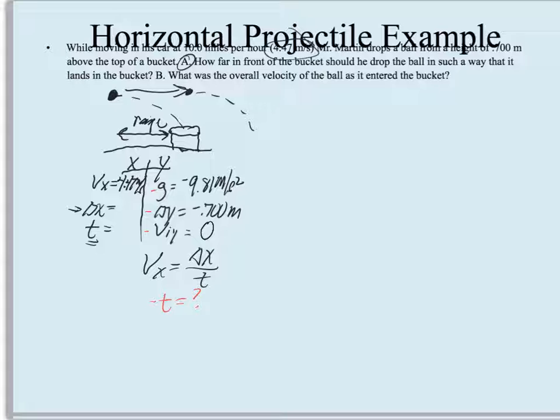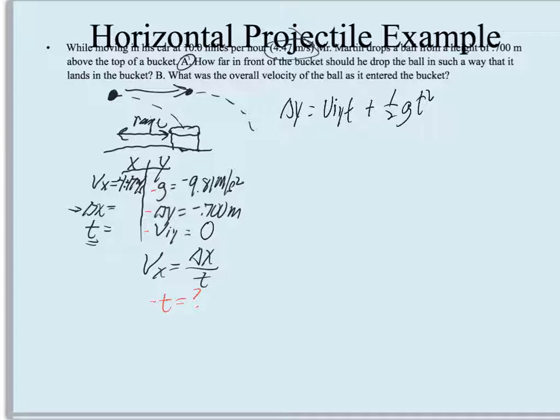Well, final velocity. So we need to find a formula that doesn't have final velocity. If you look at your kinematics, you know that delta y = Viy t, t being the change in time, plus 1/2 g t squared is the formula that doesn't have Vf in it.